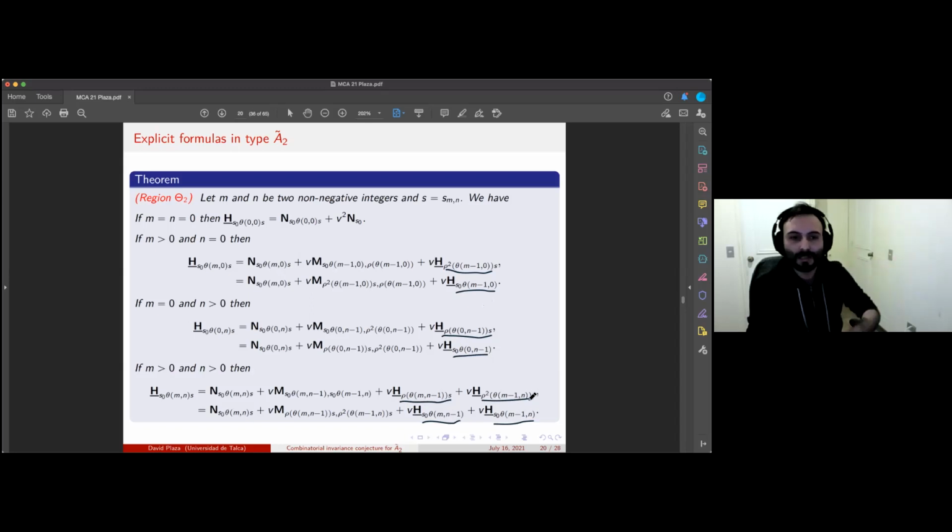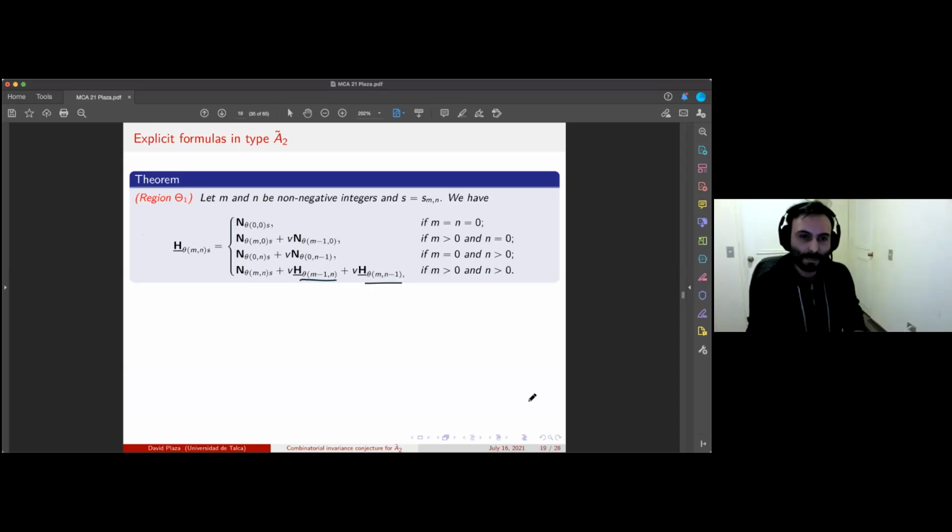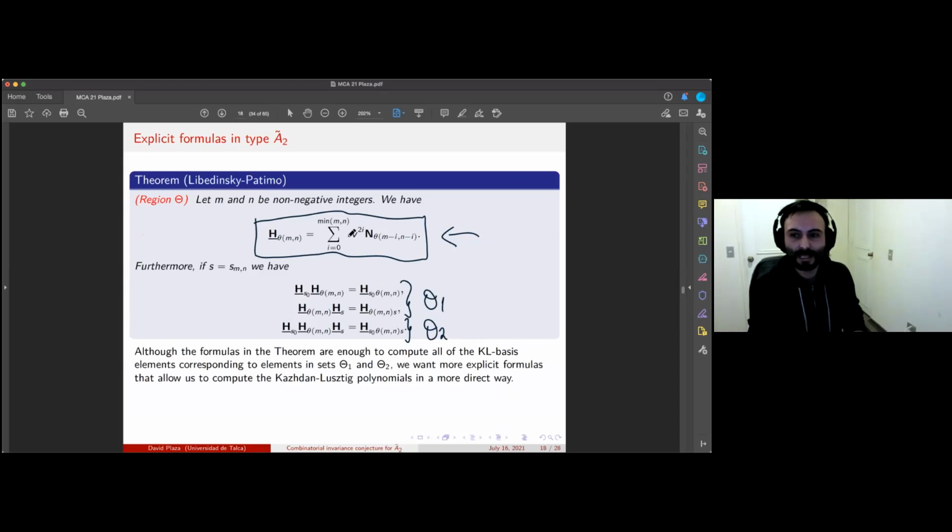So as before, the computation of a Kazhdan-Lusztig basis element in region theta 2 relies on the computation of a Kazhdan-Lusztig basis element in region theta 1, and this in turn relies on the computation of a Kazhdan-Lusztig basis element in region theta. So this is the nicest formula. At the end, in region theta 1 or region theta 2, we use this nice formula.